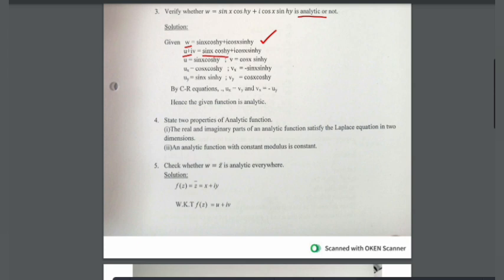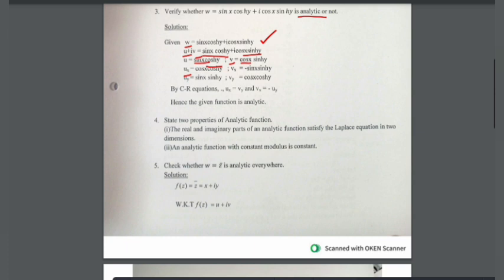So u takes the real part, that is sin x cosh y, and v takes the imaginary part, cos x into sinh y. Now I am going to differentiate u with respect to x. So sin x alone will change as cos x. Here I am changing x. Differentiate v with respect to x. Cos x will become minus sin x.